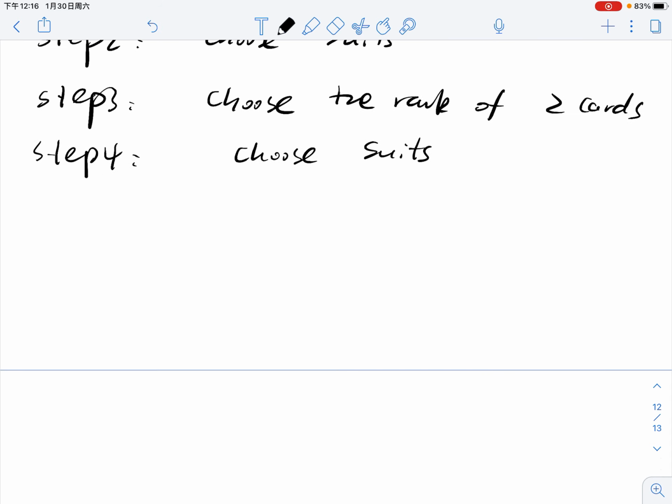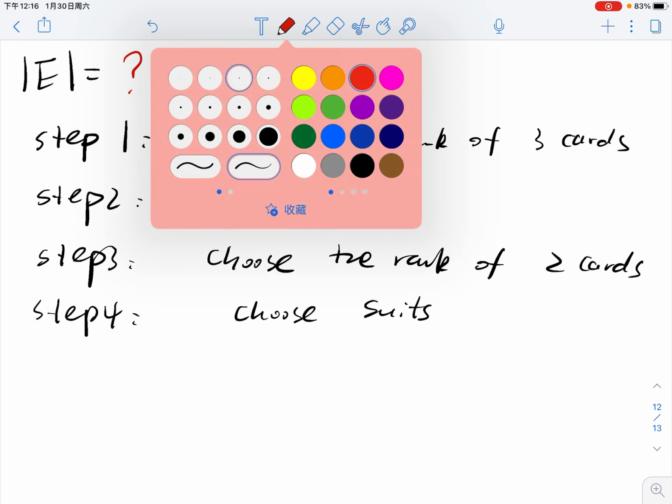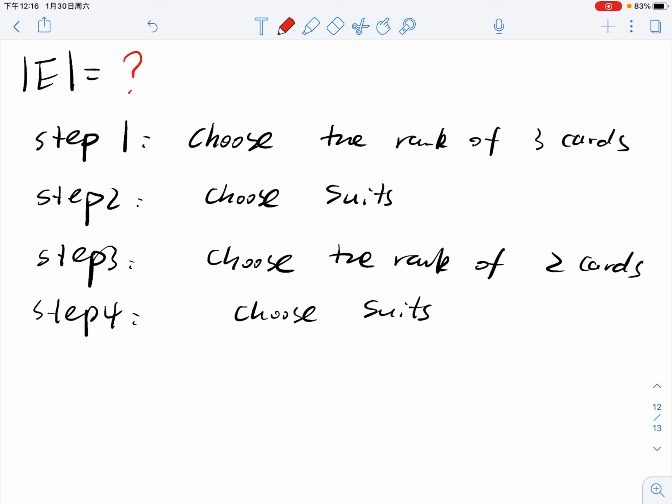And in step 1, you have 13 ways to choose the rank, 1 to 13. You can choose whatever you want. And when you choose a suit, you have 4 choose 3.